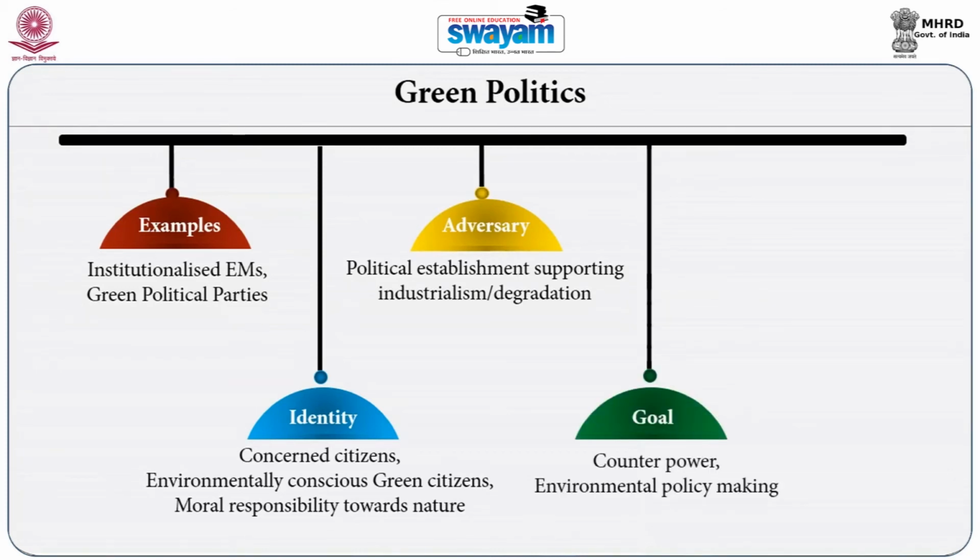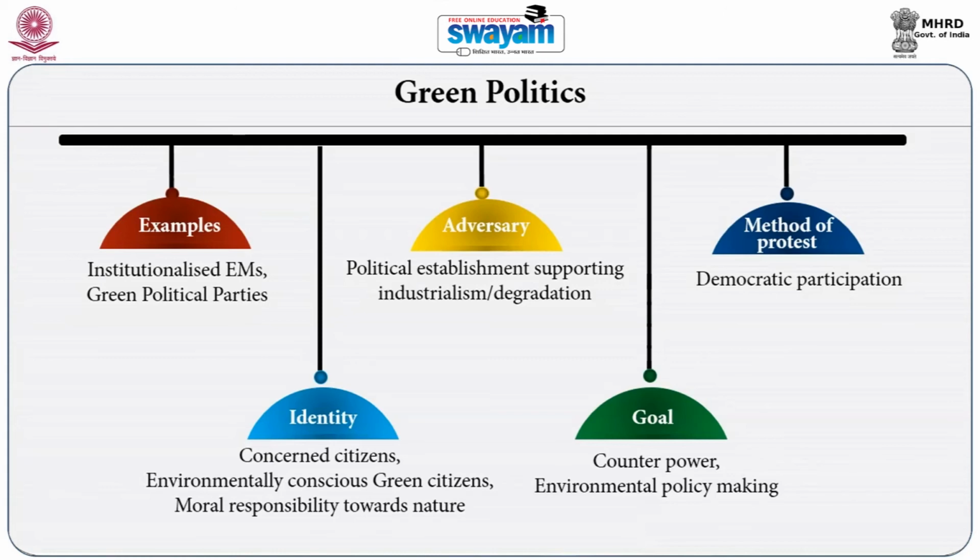The fundamental goal is to capture political power, to counter the established political power, and to bring about policy reforms, environmental policies or an environmental governance system which will result in restoration of the balance of nature. In that sense, these environmental movements are highly institutionalized and highly formal. The method of protest is through democratic participation, through democratic means.